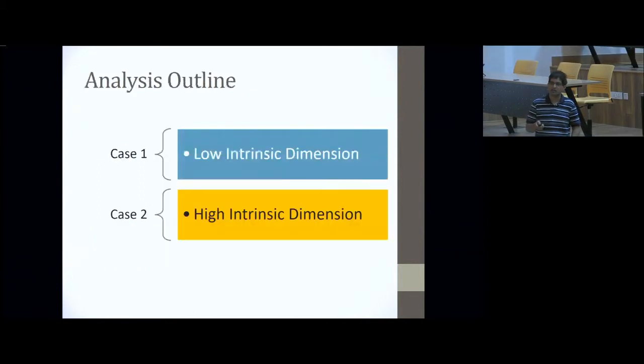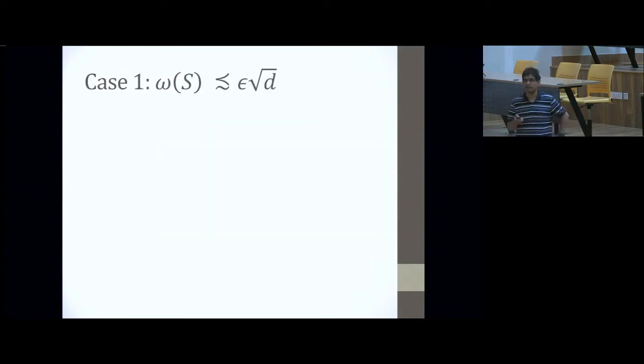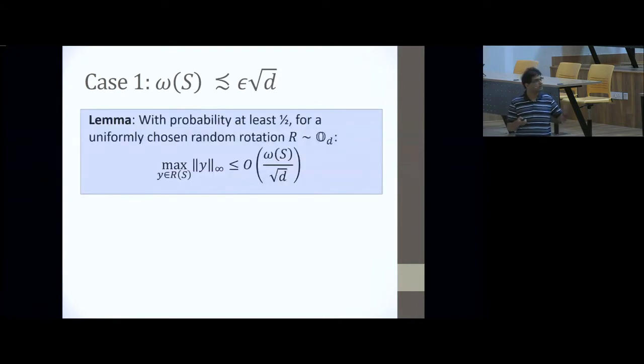All right. So there are two cases to this analysis. One is when the intrinsic dimension of the vectors is low, and the other is when the intrinsic dimension of the vectors is high. In the low case, when omega of S is less than epsilon square root of d, there's this lemma, which is again a manifestation of a phenomenon that David talked about yesterday in his talk. If you have a set of vectors which has low Gaussian width, so think of it as having low dimension, then if you randomly rotate the vectors, you can make sure that all their entries are small.